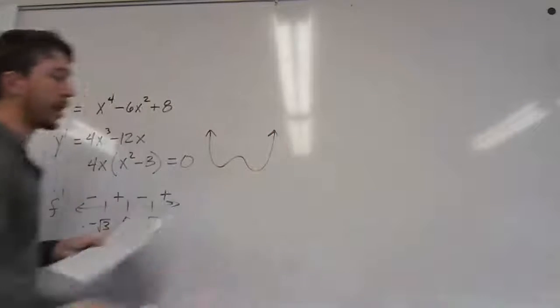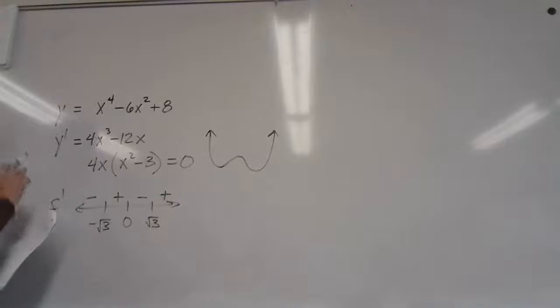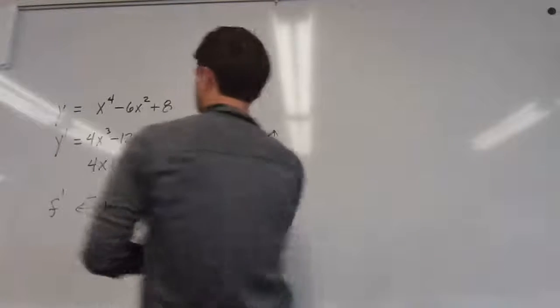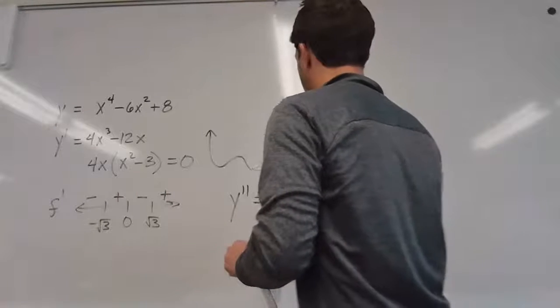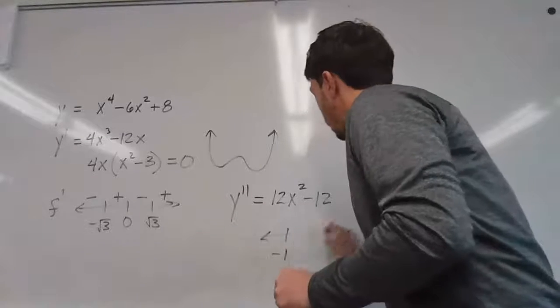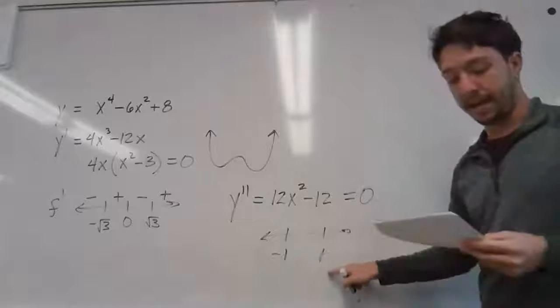I can see on your paper you've got that, so that looks all good. But I think the issue is your double prime number line. When you take the second derivative, you're going to have 12x squared minus 12. Now that has 2 numbers that make it equal to 0, 1 and negative 1.